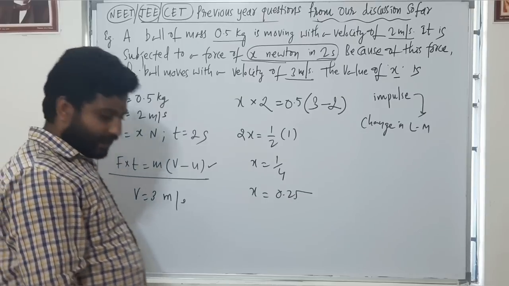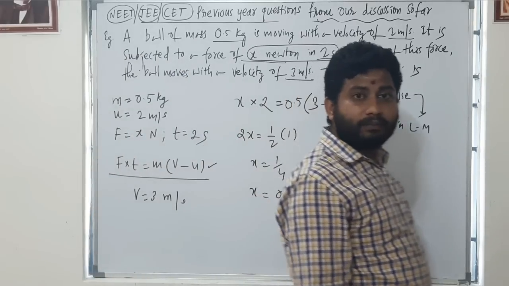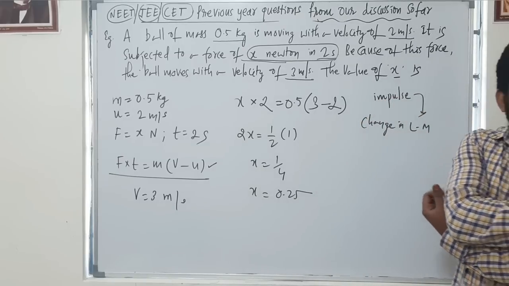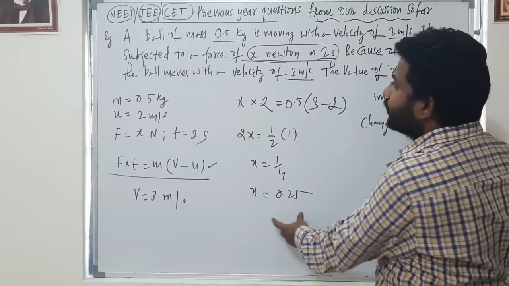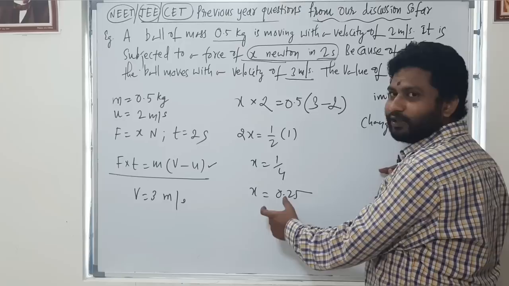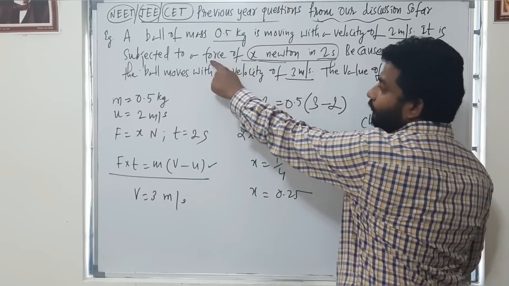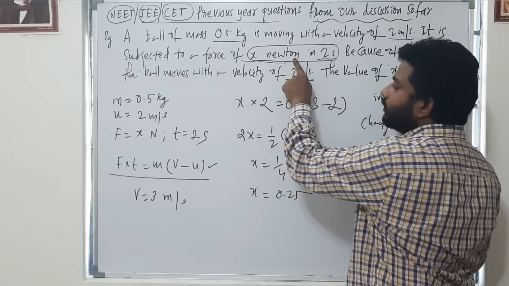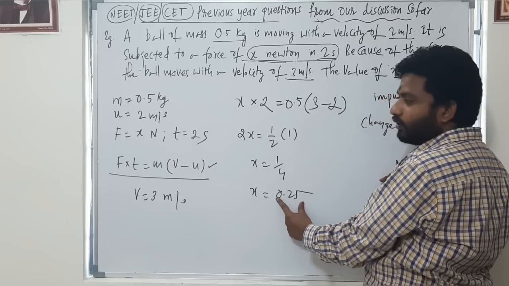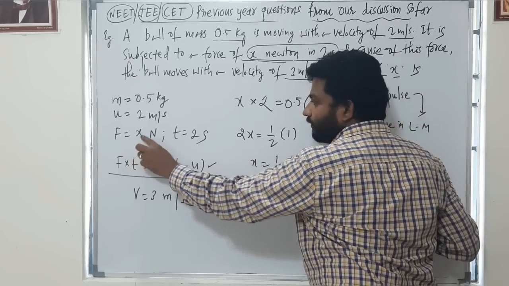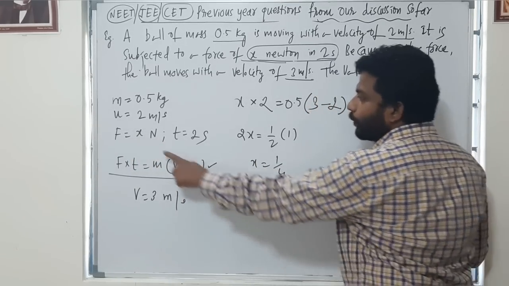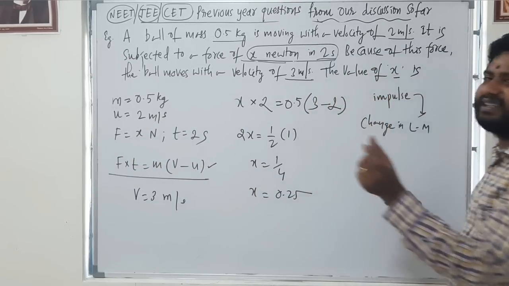and your x value is 0.25. What is the unit? Is it the meter? Tell me. No. So the x value is just 0.25 here. So the force of x Newton, that means x is 0.25. You get it? The question is just to find the value of x.